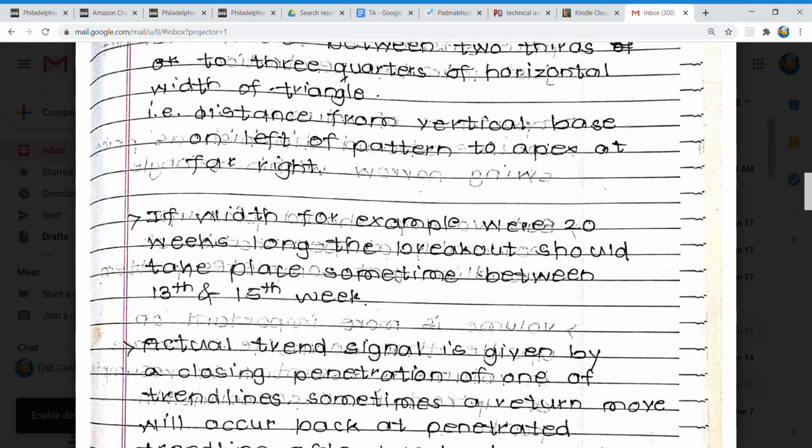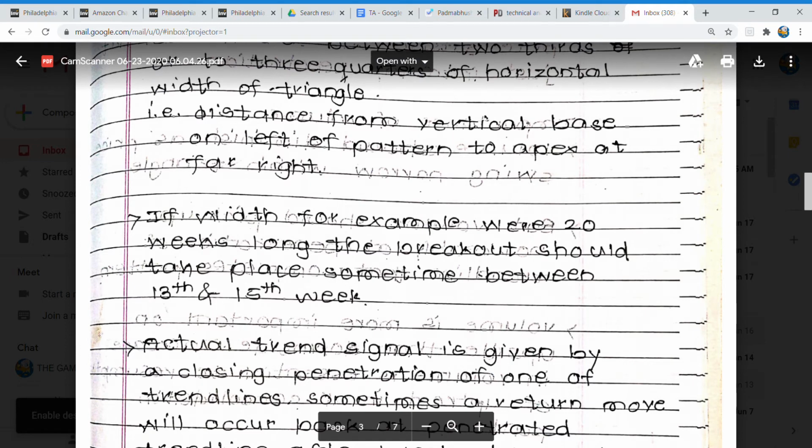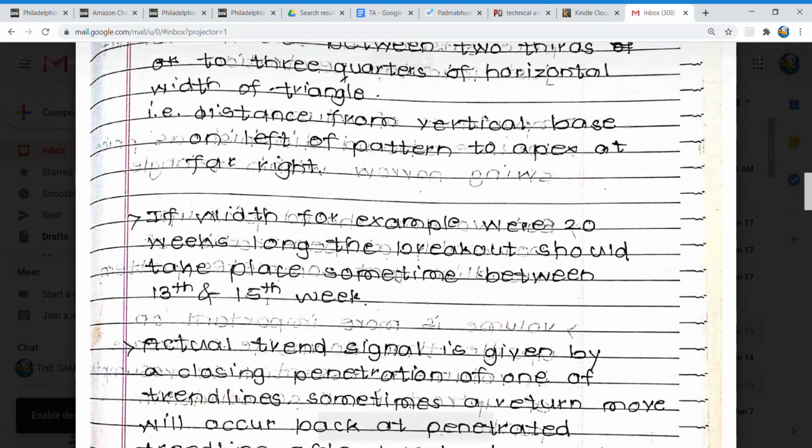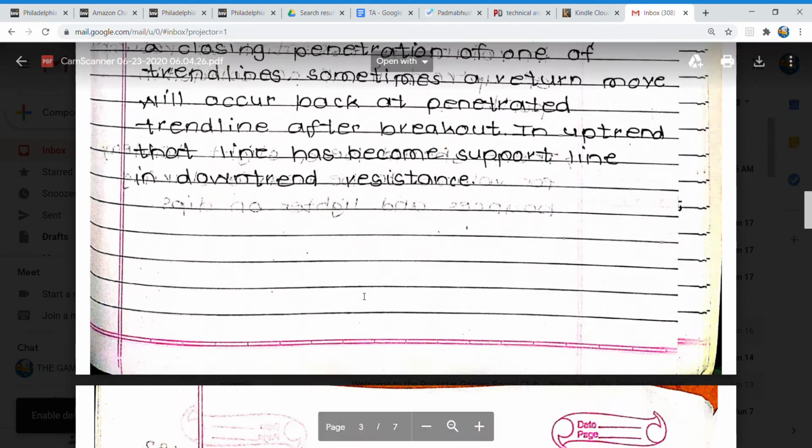If the width, for example, were 20 weeks long, then the breakout should take place somewhere between the 13th and 15th week.